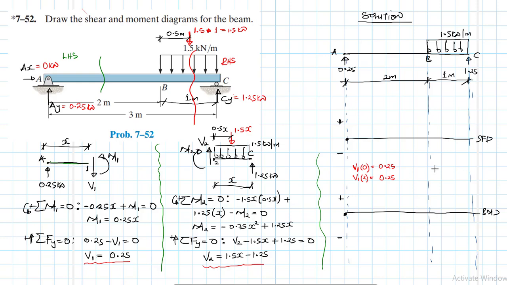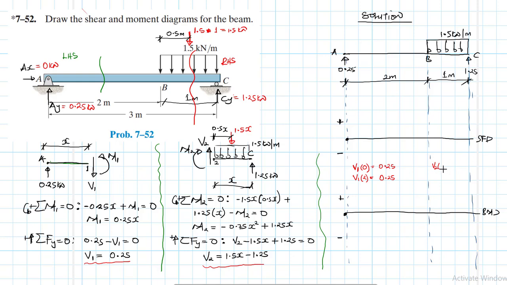And then let's check our V2. V2, we said, is a linear function 1.5x minus 1.25. So here we are moving from C to B, considering the interval BC or CB, doesn't matter. This interval has a length of 1 meter.